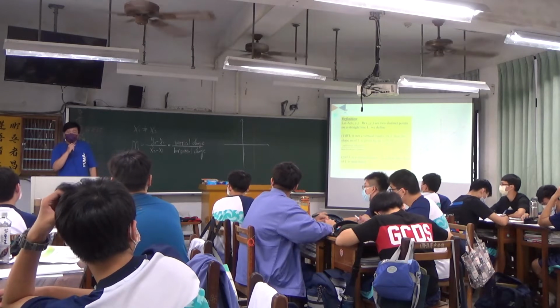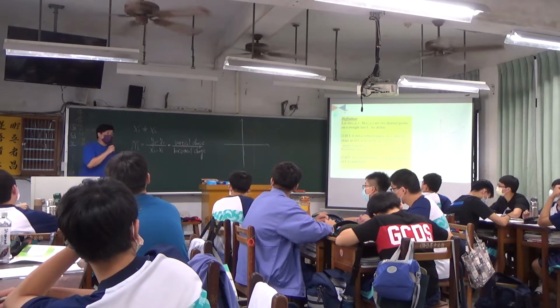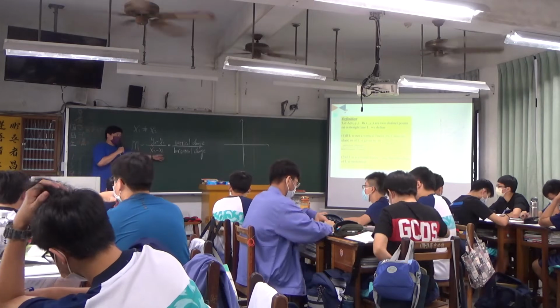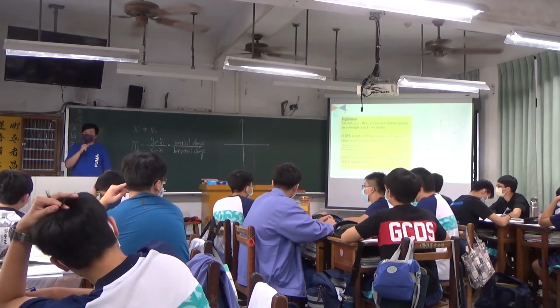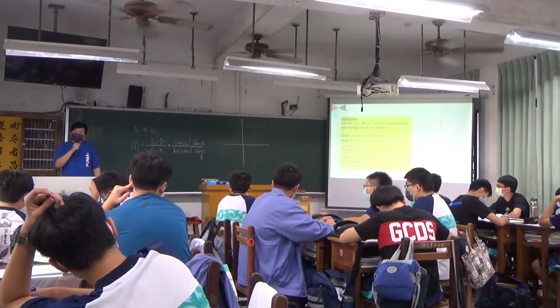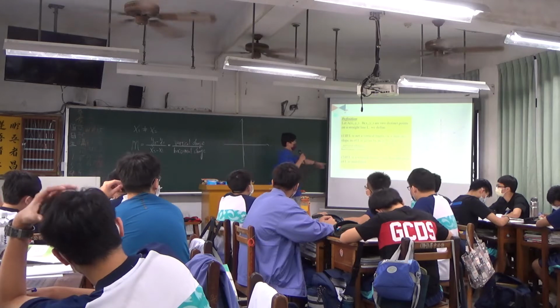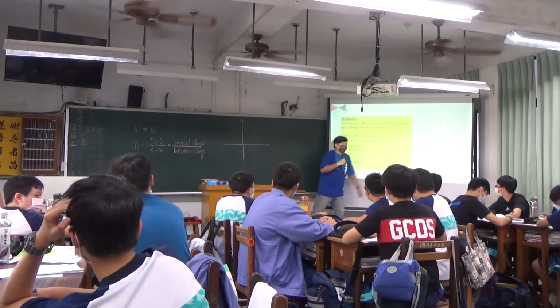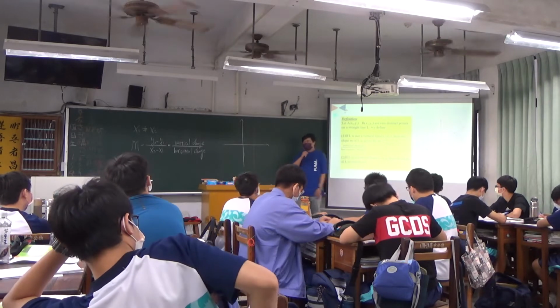It's very strange, right? We know in math, the denominator should not be 0. So we say if L is a vertical line, then the slope of L is undefined.